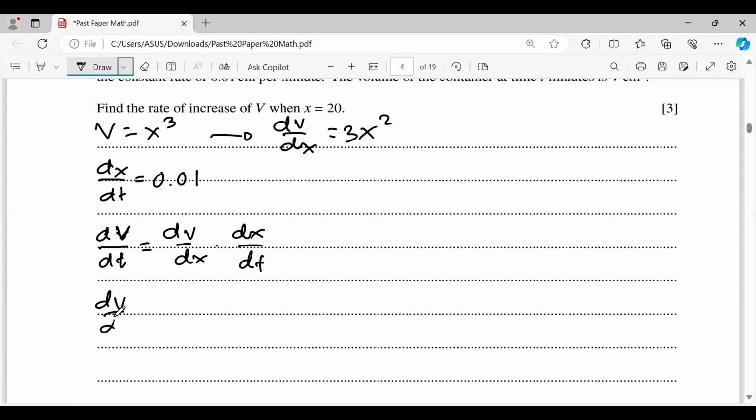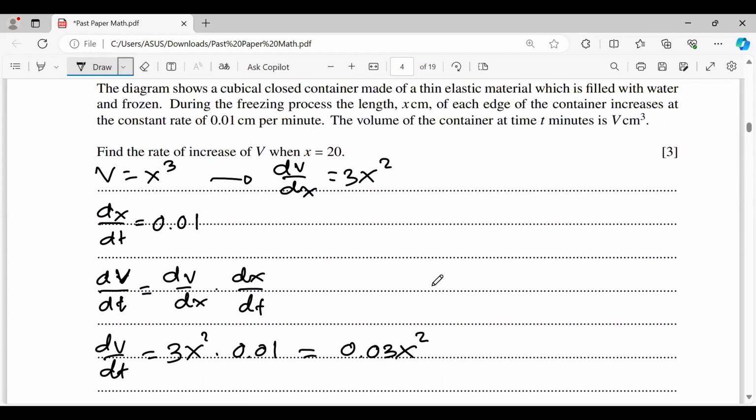So dV over dt equals 3x squared times 0.01. It is 0.03x squared. So what when x equals 20?